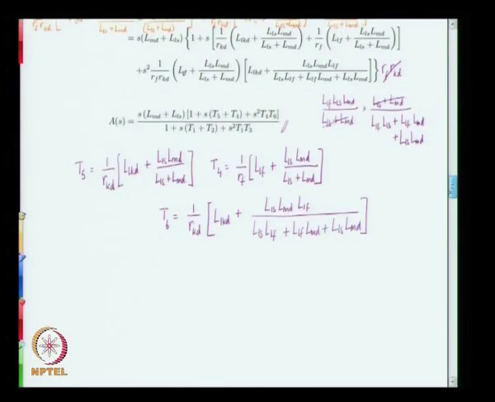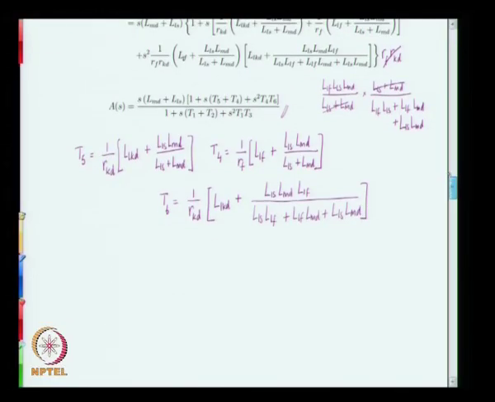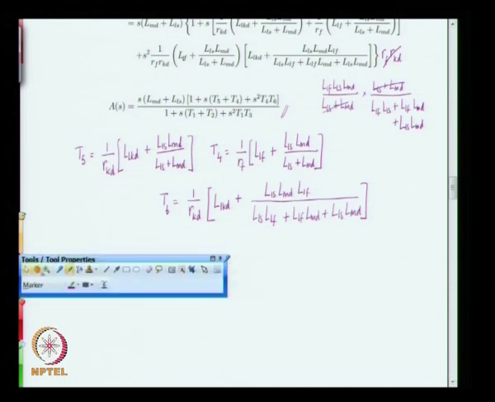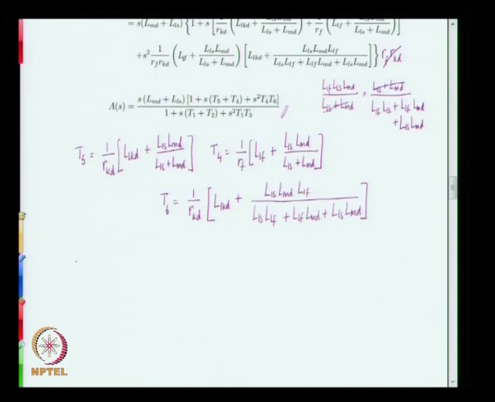Now let us look at the other time constants that we have. So here you have some more time constants. These are still for the D axis, so let us redraw that circuit here again, and then you have the damper and then you have the field.